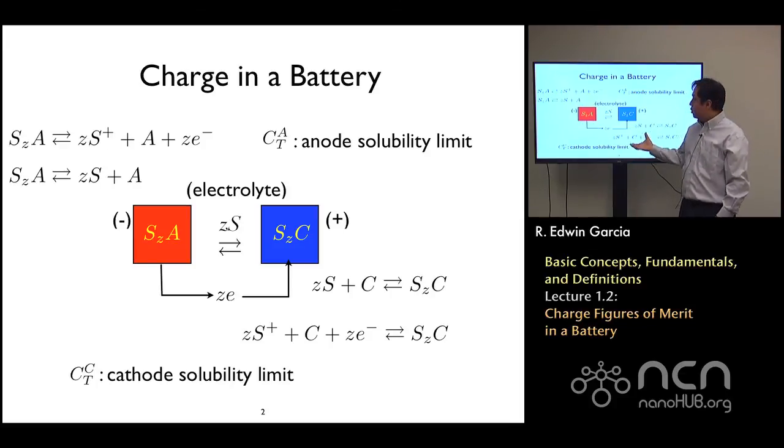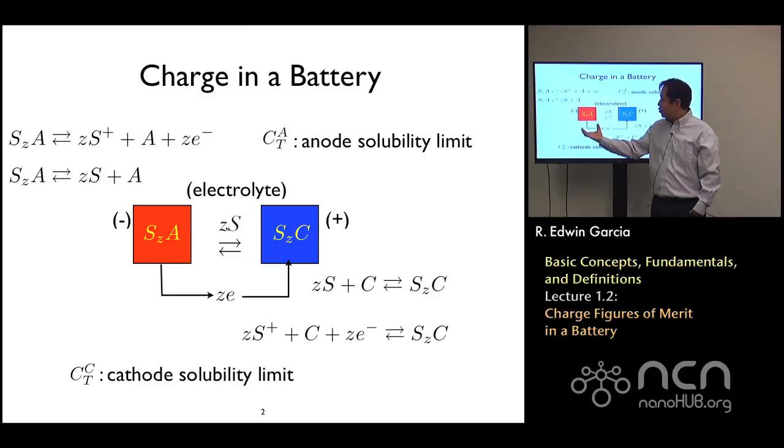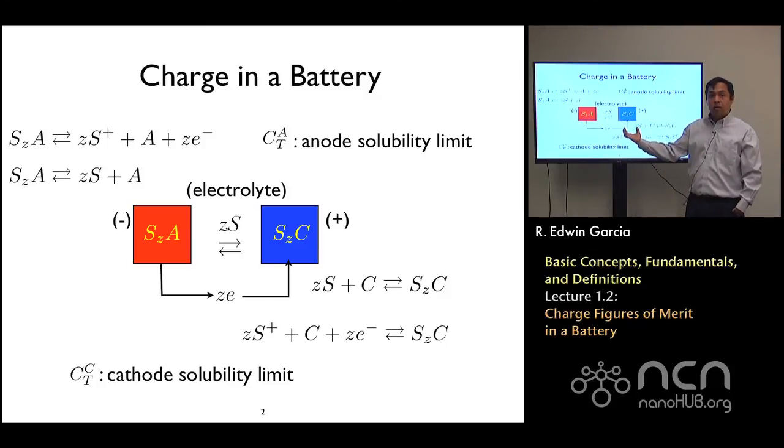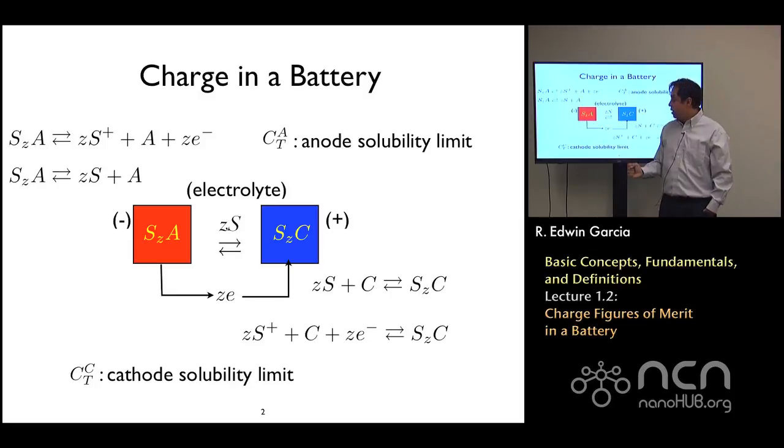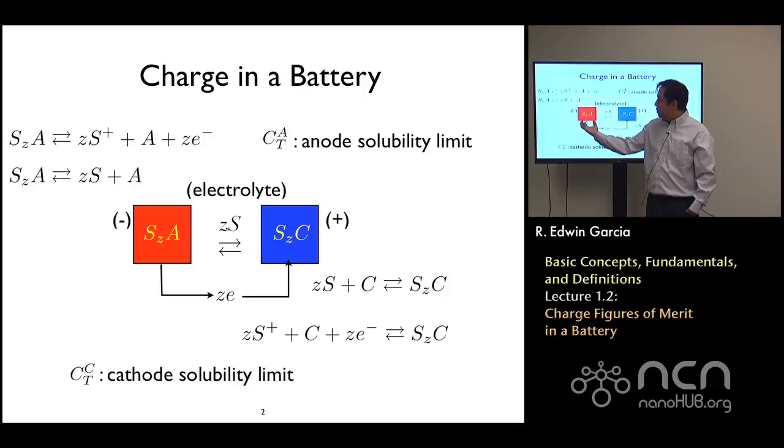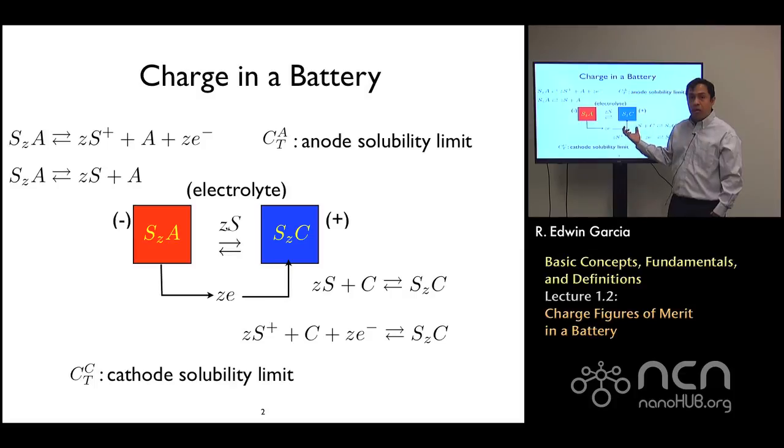If you think about it, what you would really like is a very well-balanced system, because you want to move as many of these ions as you can from the anode and put them into the cathode and back. In practice, however, the non-idealities and the specific chemistries that we pick will make one material able to store more than the other one, and we use all sorts of tricks, like making one material bigger in volume to basically put it there.